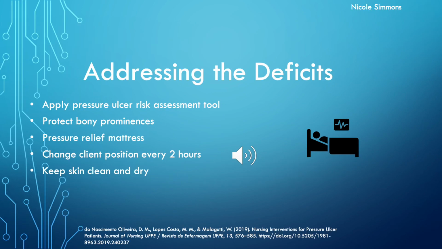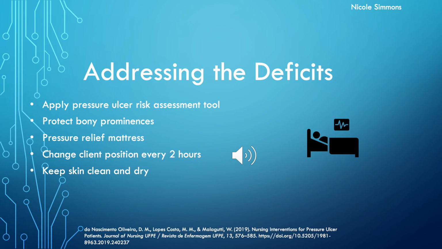This is Nicole, and I'm going to be talking about addressing the deficits or preventing pressure ulcers. One of the things that we can do initially is to use a pressure ulcer risk assessment tool, and an example of this would be the Braden scale.